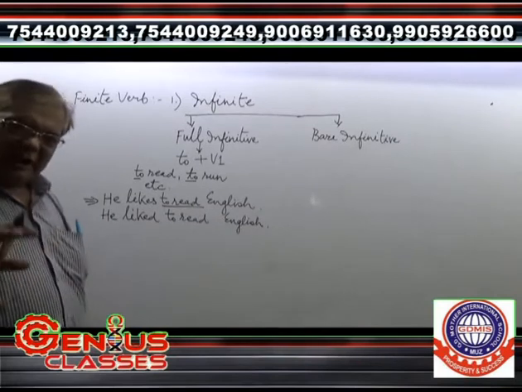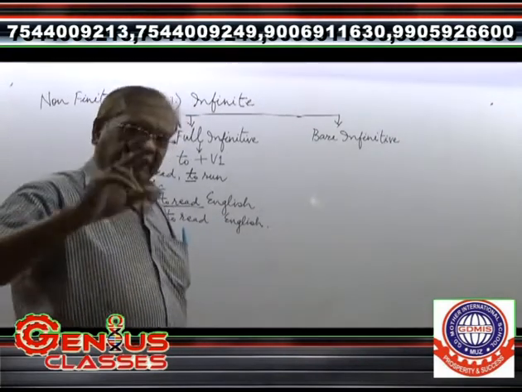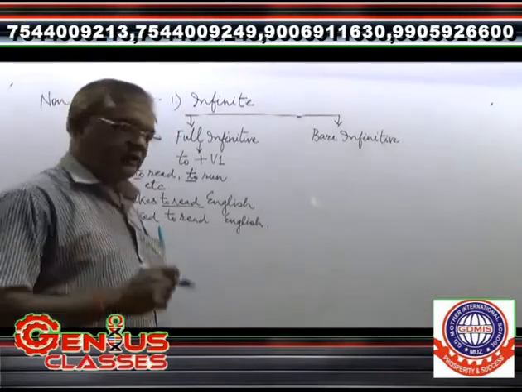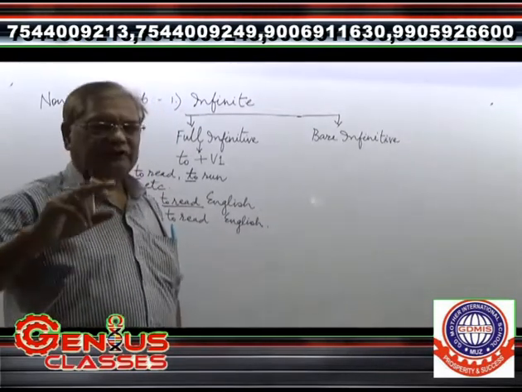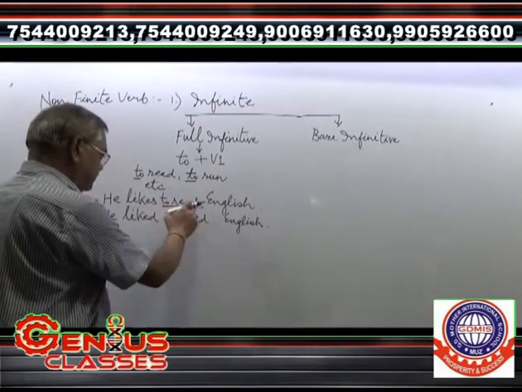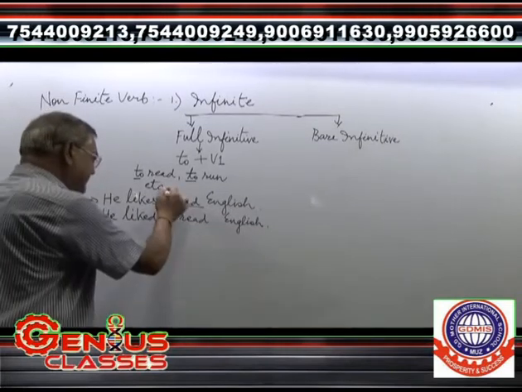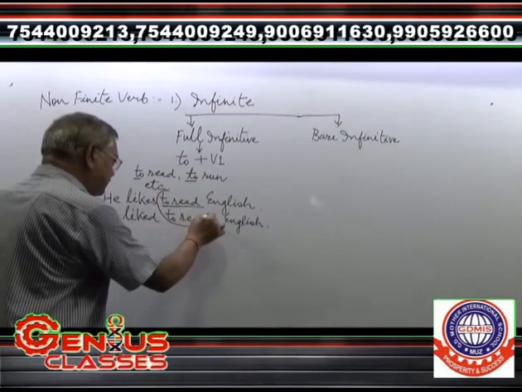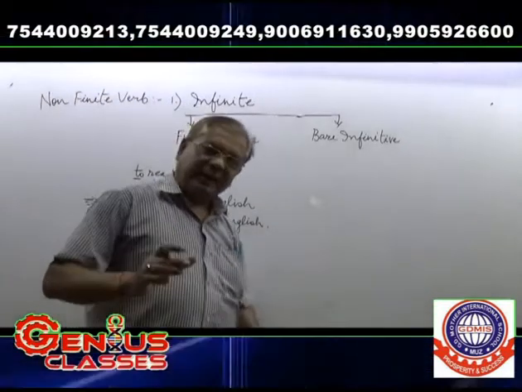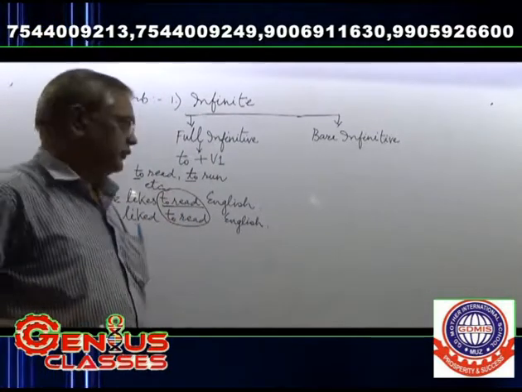So let it be any kind of tense, but the infinitive does not change according to the tense. It remains the same, as in simple present, to read, and in simple past, to read. So these infinitives are never changed tense-wise. It remains the same. So this is full infinitive.